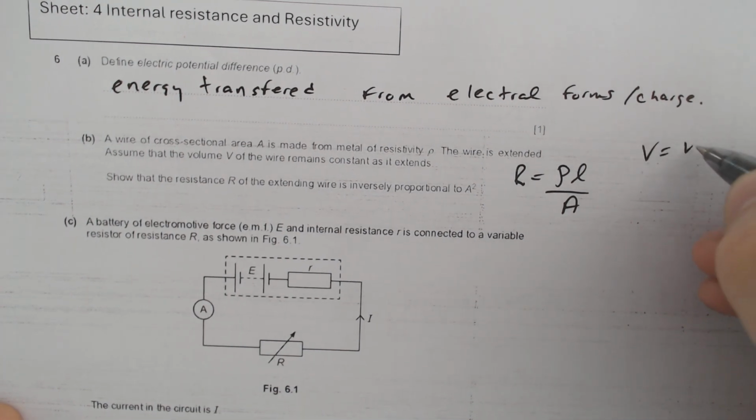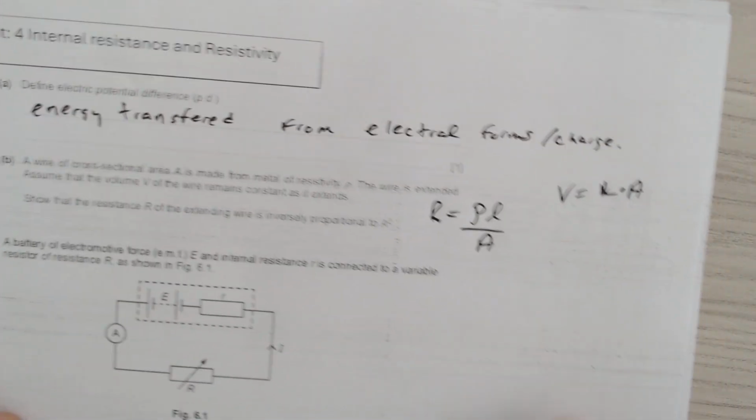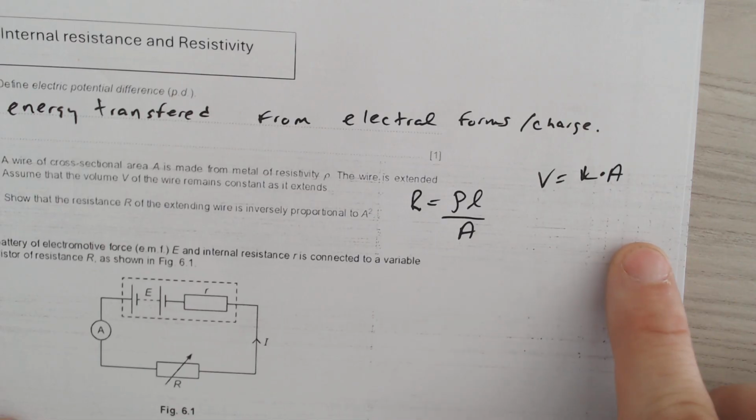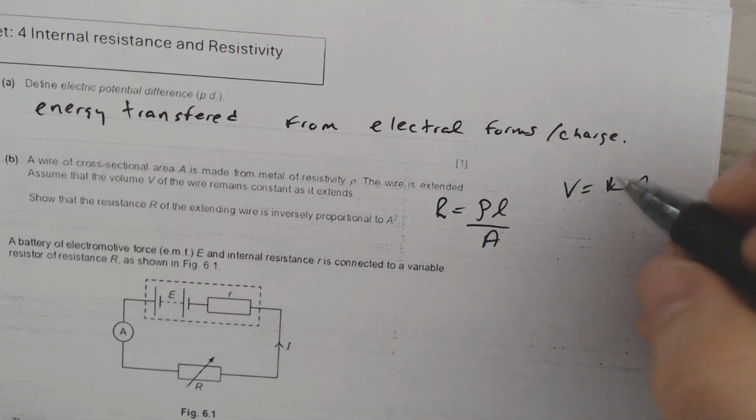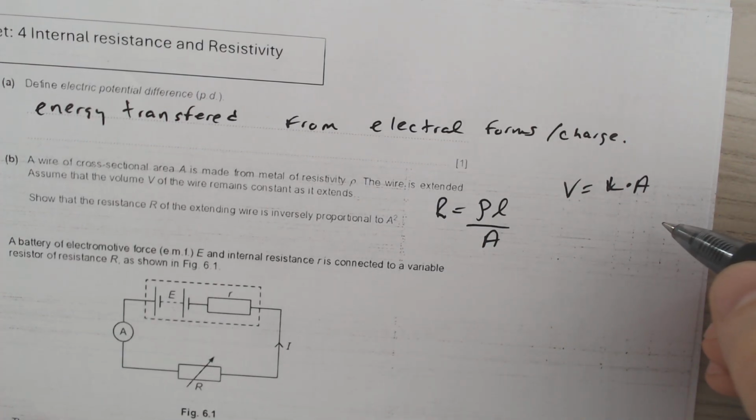Volume is equal to length times area, just because it's the formula for volume. Length times area is equal to volume. So we could say that the volume is staying the same, and therefore Struggletown.